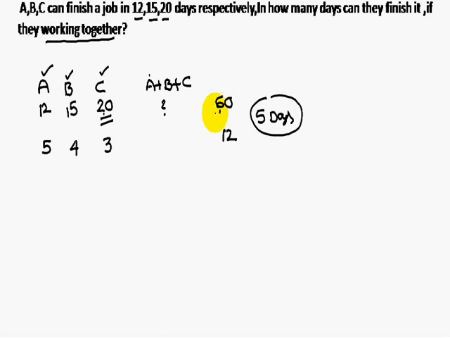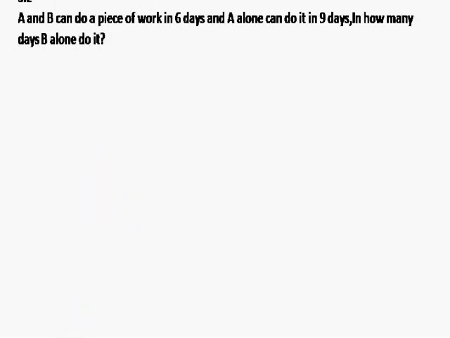So it is 60. 12 goes in 5 times, 15 4s are 60, 20 3s are 60. 5 plus 4 plus 3 is 12. You divide 60 by 12, 5 days. Therefore 5 days is the answer. Next you go for the next problem.